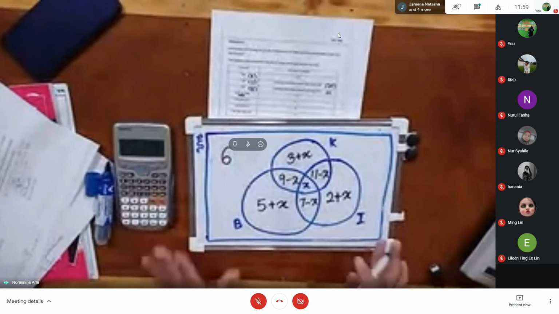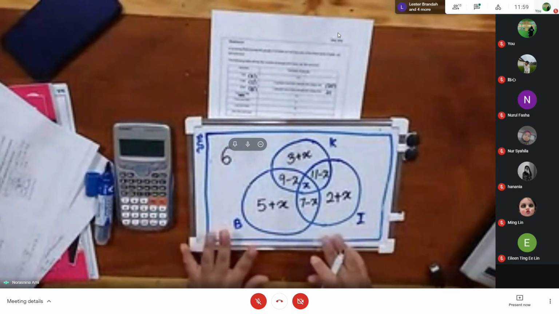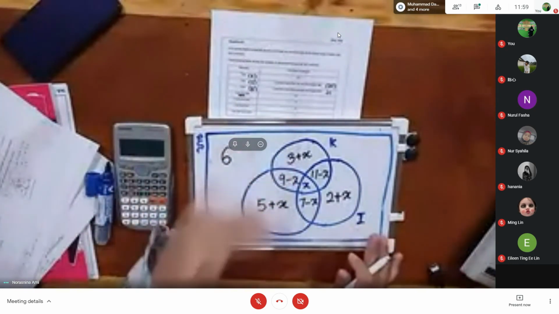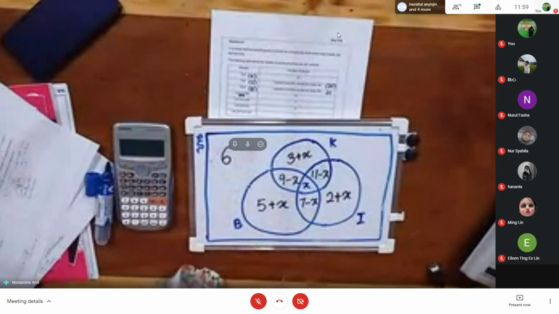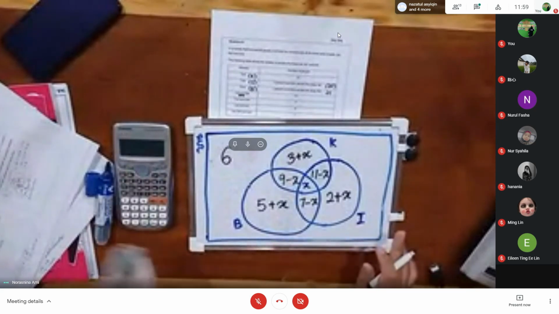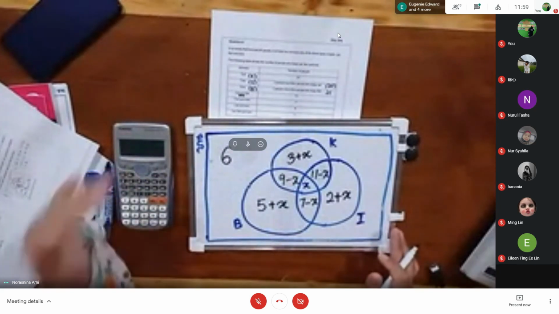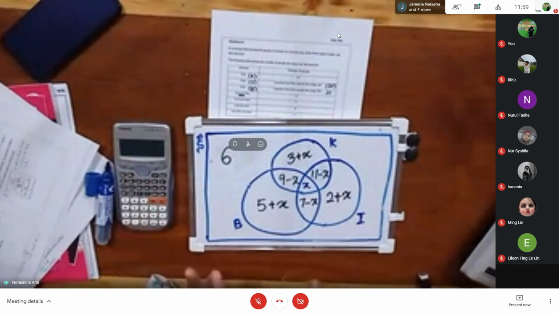Okay, this is how we draw the Venn diagram. We must take a look at every condition for how to draw the set. Is it intersect or is it not intersect? We must check the condition one by one. Is this set intersect with that set? If there is no intersection, we separate these two sets.